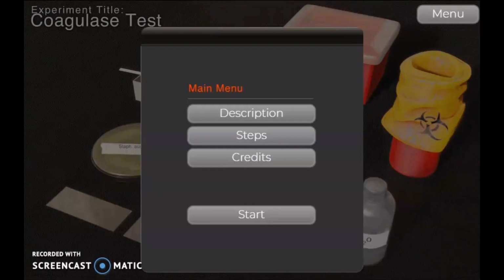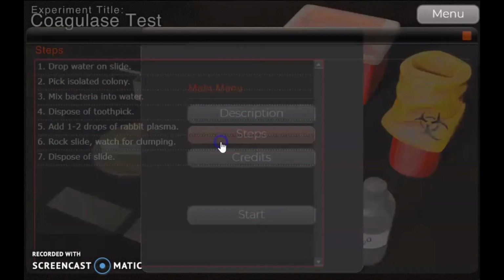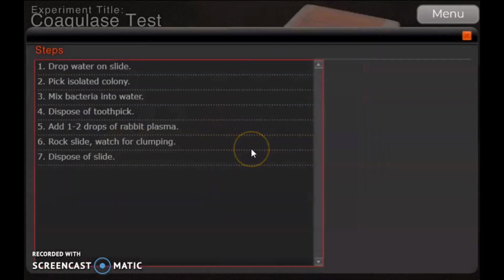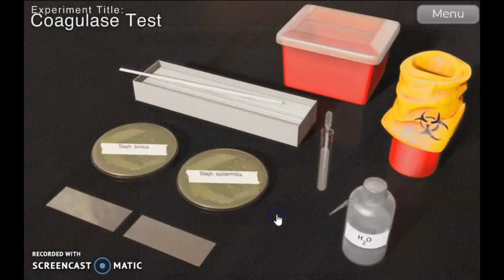Third, I will do lab simulation for coagulase test. This is the procedure for the lab simulation for coagulase test. First of all, I will explain about the coagulase test. Coagulase is an enzyme produced by cells that converts soluble fibrinogen in plasma to insoluble fibrin.